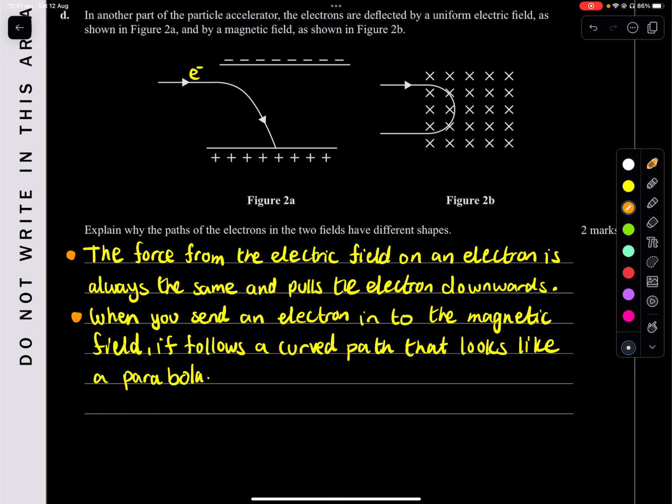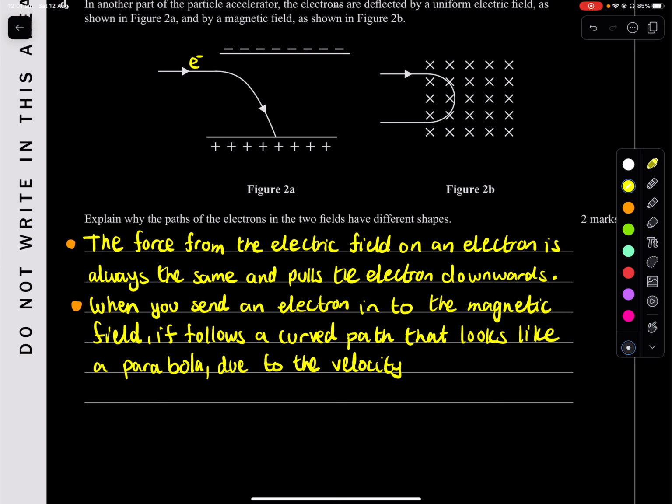Due to the, we need to maybe say something else. So we can say it follows a curved path that looks like a parabola, but due to the velocity and magnetic field being perpendicular, we can say perpendicular, is that how you spell it?